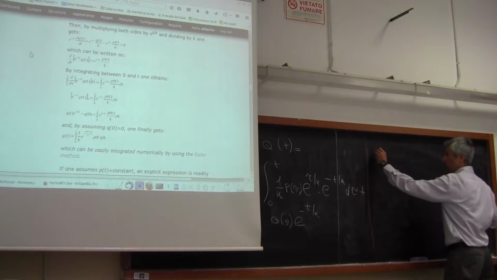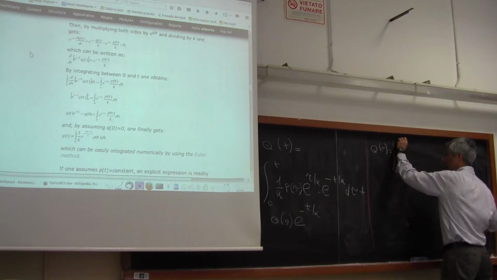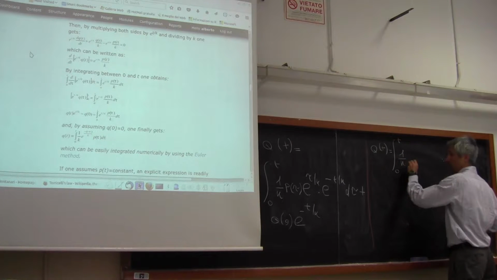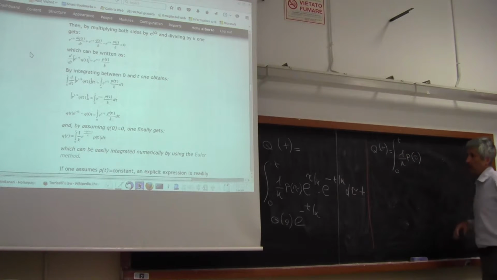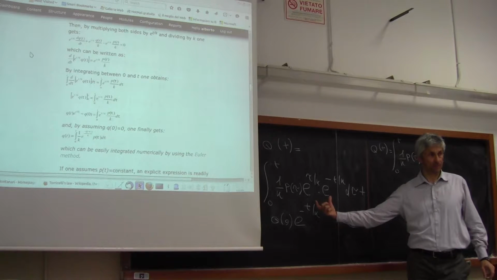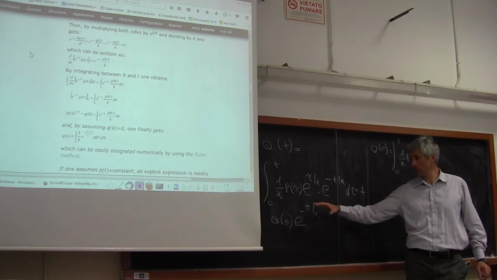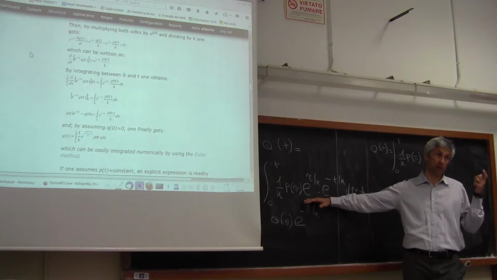So let me write Qt is equal to the integral between 0 and t of 1 over k times p tau. And now I have this product, which is a product of two quantities which have two powers with the same base e and different exponents.